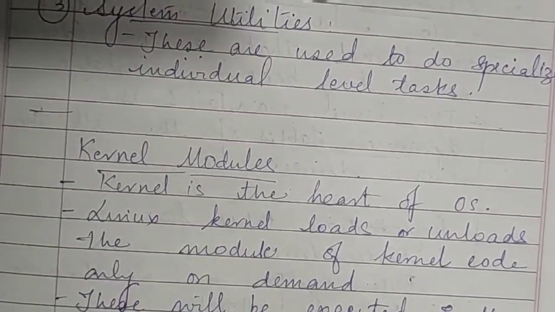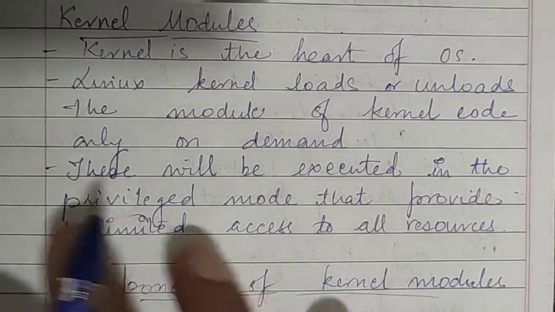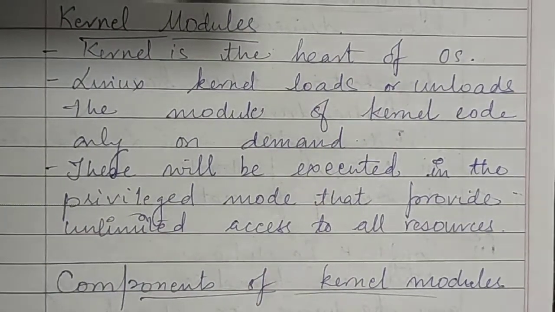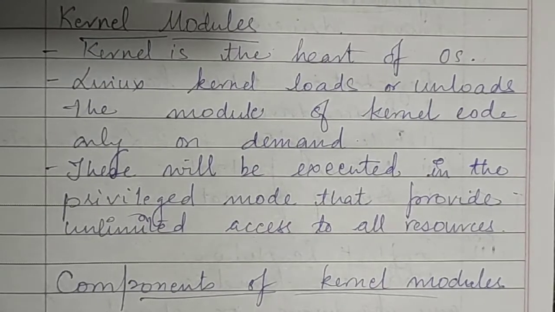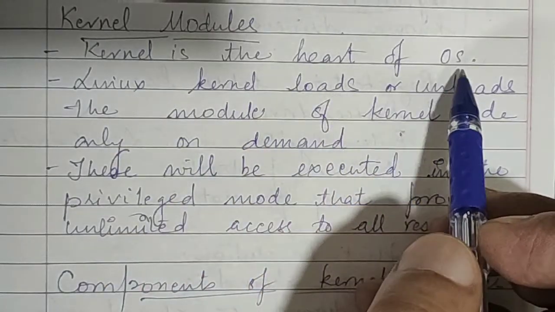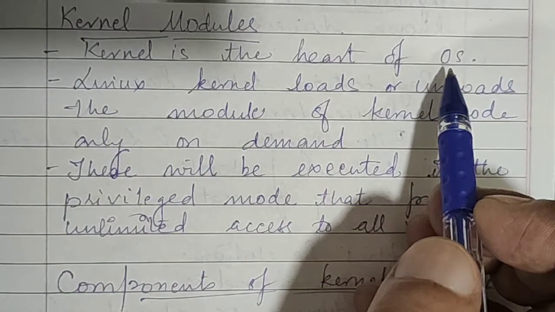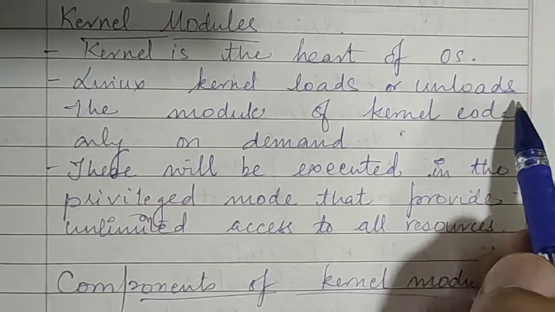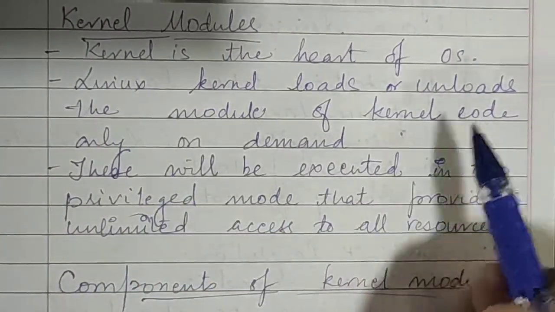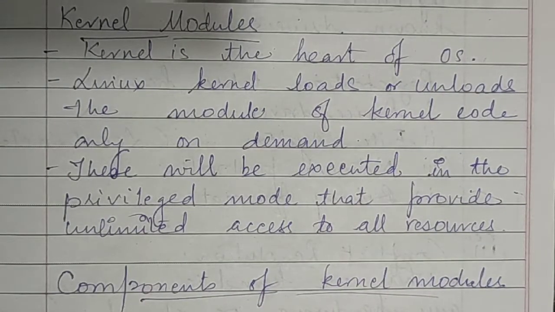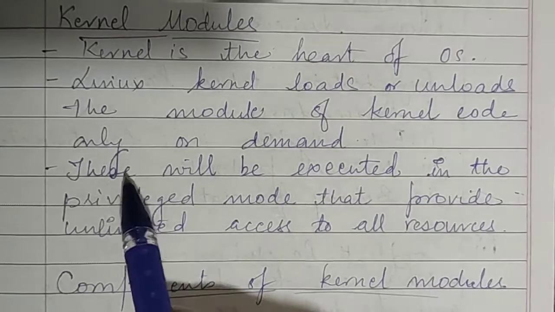Now we'll start the kernel modules. Before starting the components of kernel modules, we'll check what the kernel is. The kernel is the heart of the operating system, the major part of the operating system. The Linux kernel loads or unloads the module of kernel code only on demand. Whenever there is a demand, at that time only the kernel will load or unload the module of kernel code.